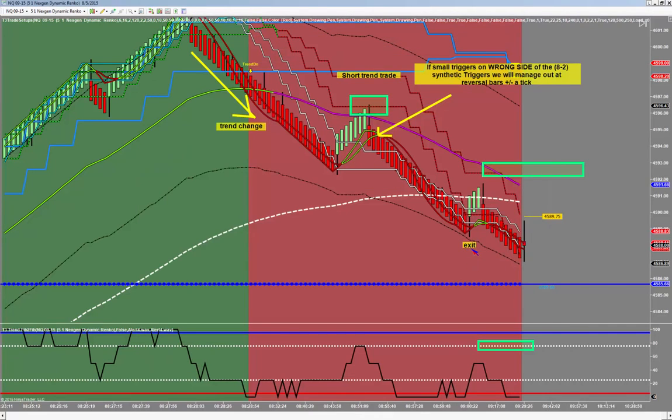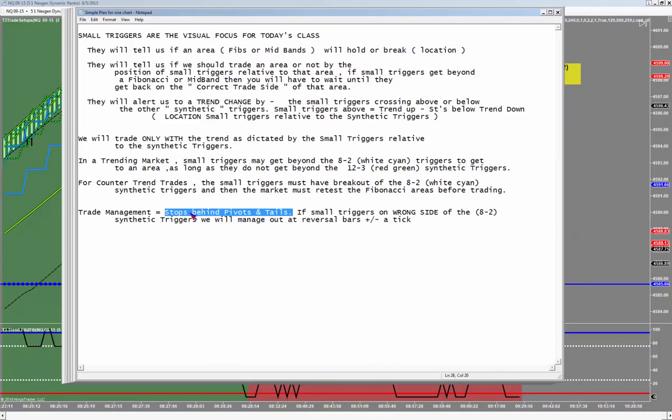Right? If you would have said, hey, I'm going to remain in this trade and just trail down behind stops and pivots, you're still short. Right? With a stop right here. Typically, right, I would rather see you take your money and wait for the next setup when you trade from the wrong side of your synthetic triggers. That's why we put this rule in here. Trade management.